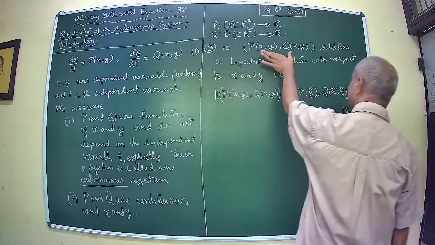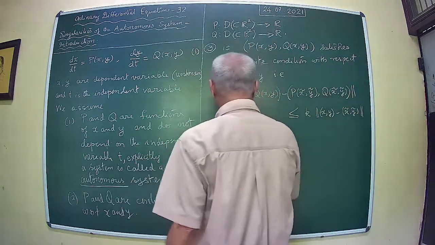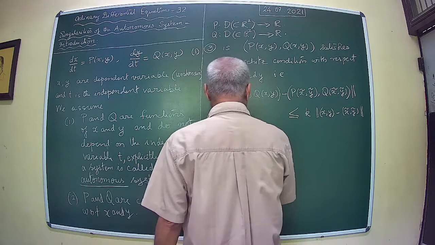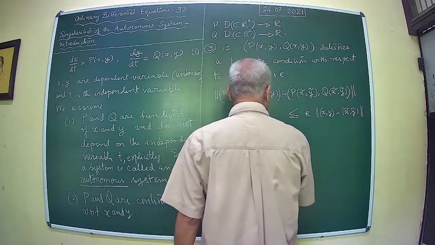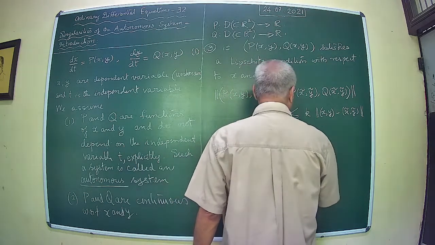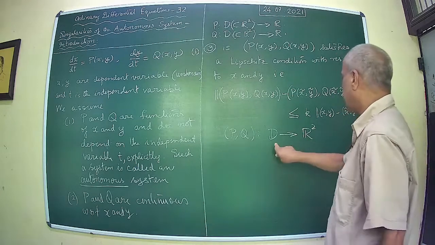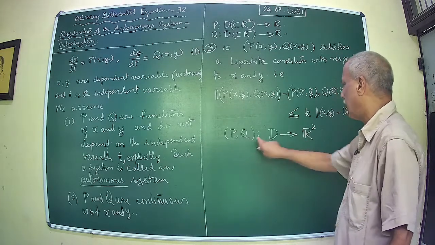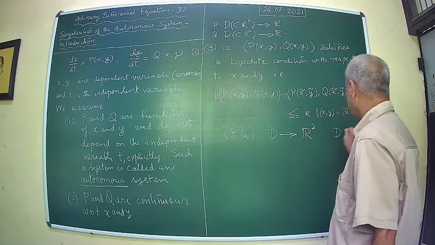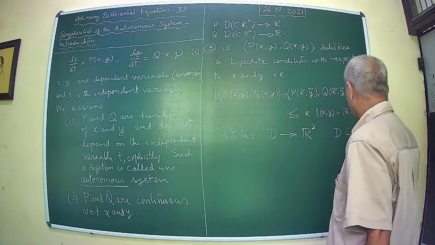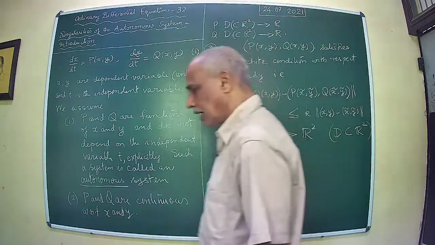Now we have seen in the beginning that this PQ is a vector valued function, a map from D to R2. So P is a map from D to R, Q is a map from D to R, where D is a domain in R2.